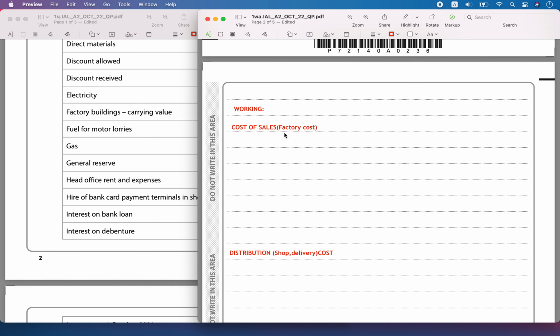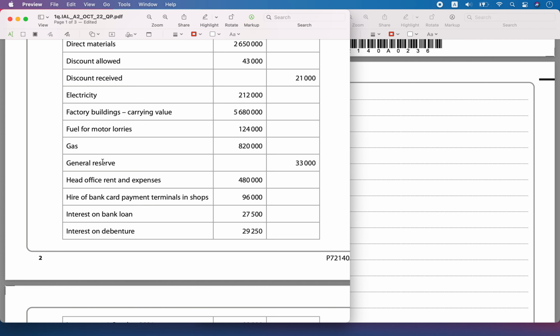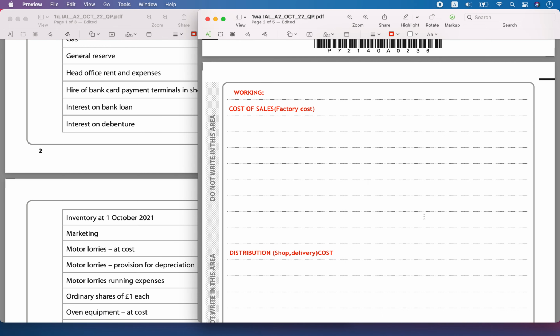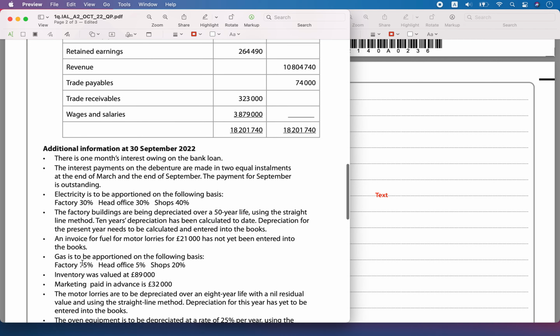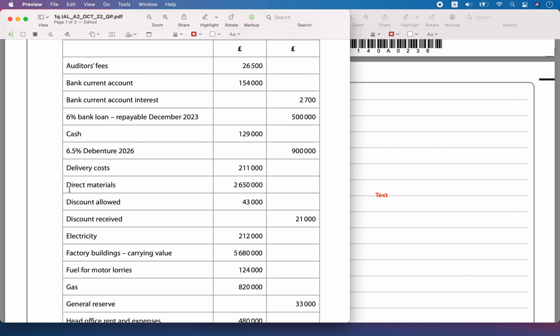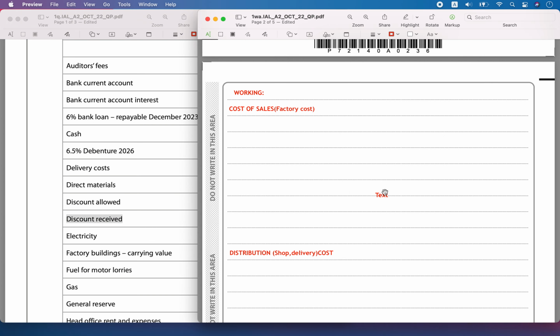Now let's see the cost of sales. Generally we know the formula will be opening inventory, and the closing inventory. If you see, your inventory at 1st October is given, and they would have given the closing inventory, and you can see that the direct materials purchased and the discount that was received are also given.